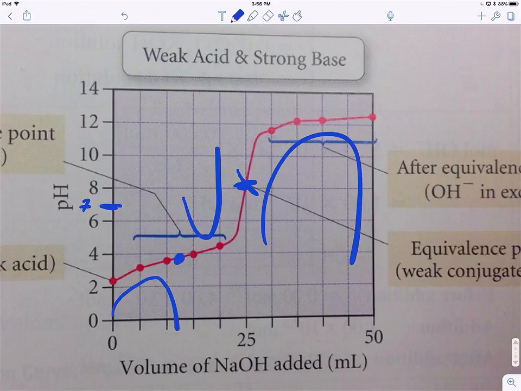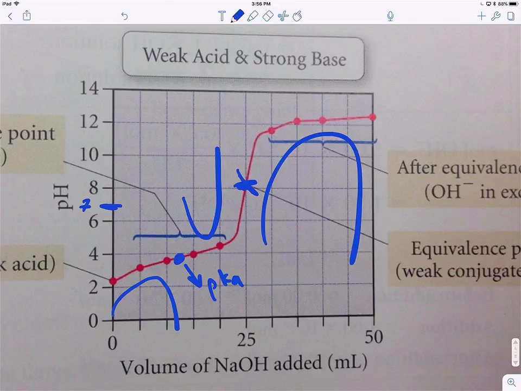And also, this inflection point right here has something else. This also equals the pKa. This middle inflection point right here, this also equals the pKa. And so this is one way you can get a rough estimate for the pKa of a weak acid: you can do a titration, and then you can look at the graph and see where the inflection point is. It's about here. You can just kind of eyeball it.